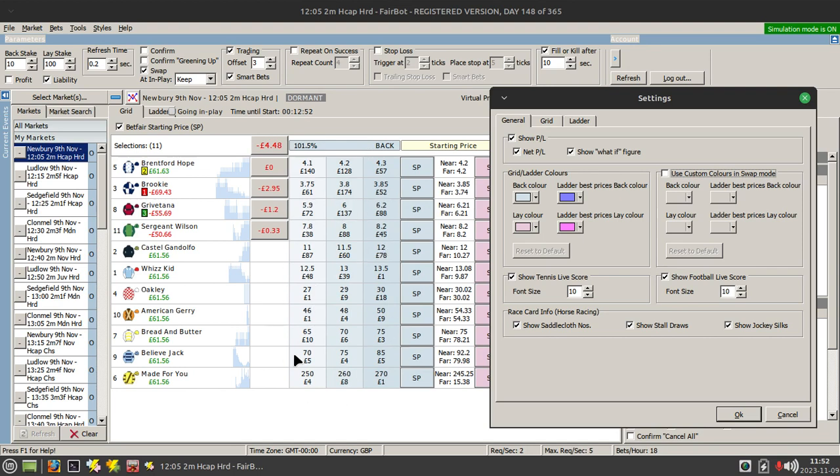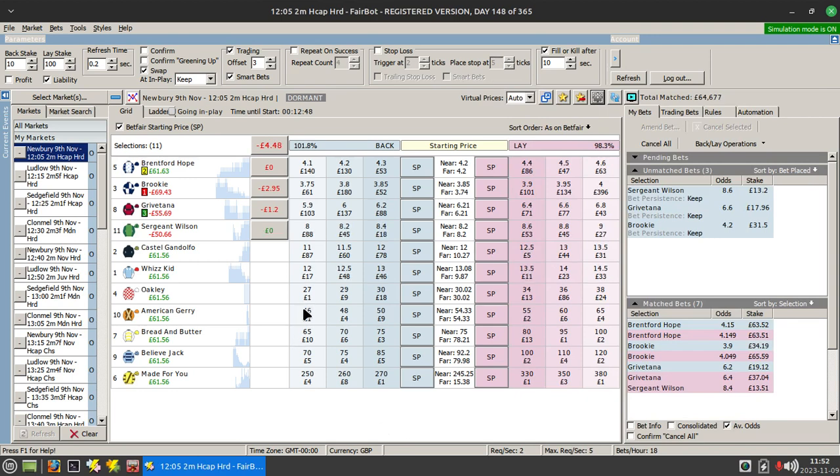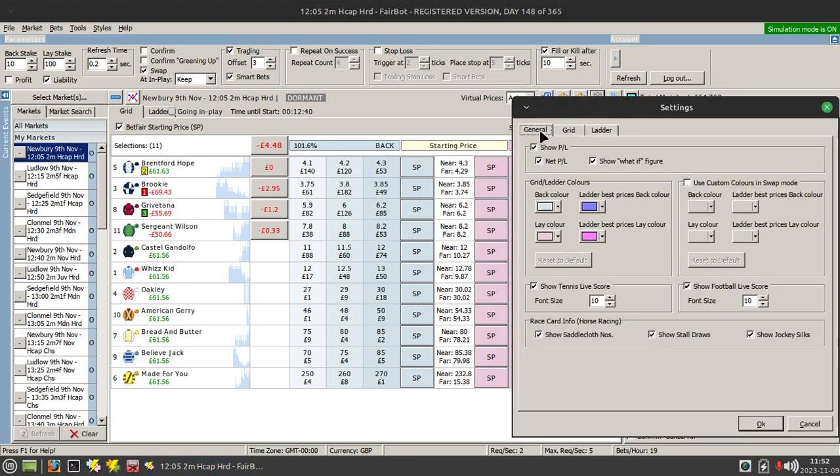That will still place lays. Let me just click on OK there. If I just click in here, alright, it's still stuck in a lay, but it's blue, so that might mislead you. So make sure you go into the cog here, onto the general tab, and switch on the custom colours in swap mode option. And you can of course just click on here and change the colours if you so wish.